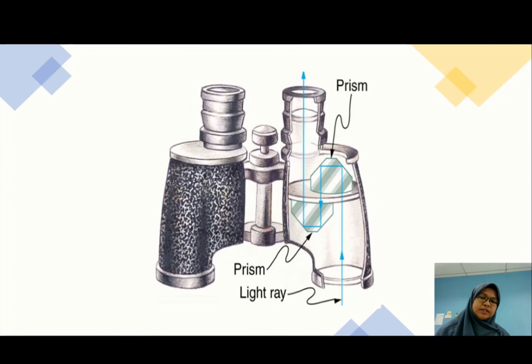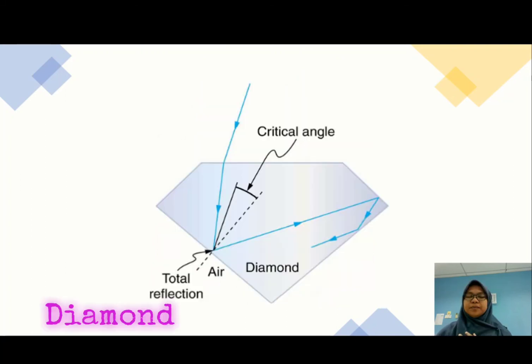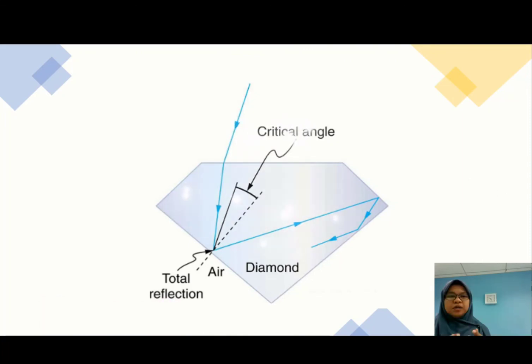What is this? This is a diamond. Why does a diamond look very nice, why is it sparkling? It is because of the reflection of light. When light passes through the diamond, it will be reflected.